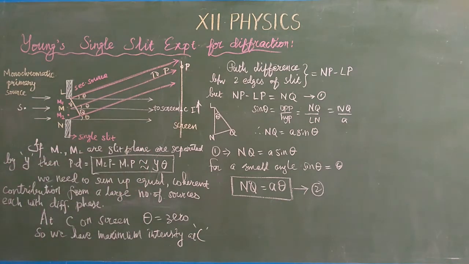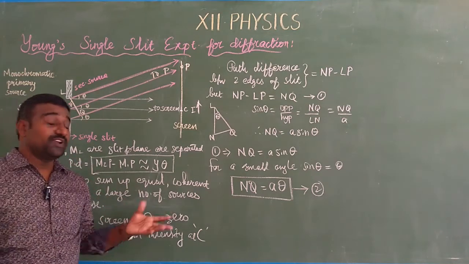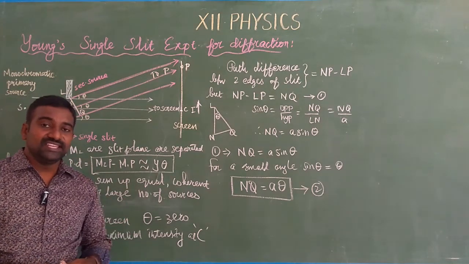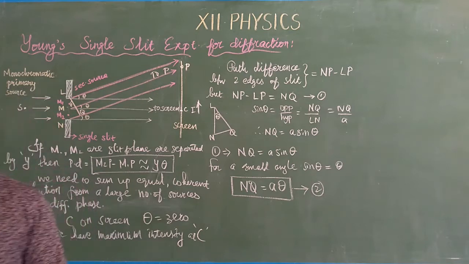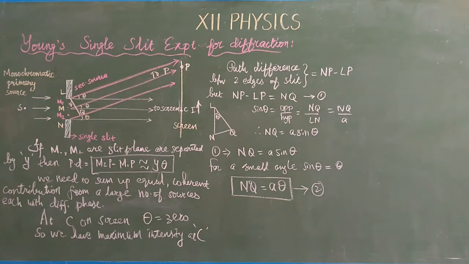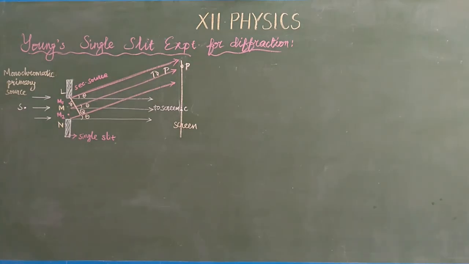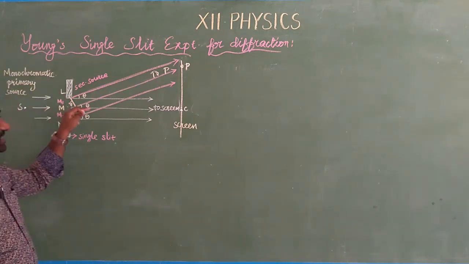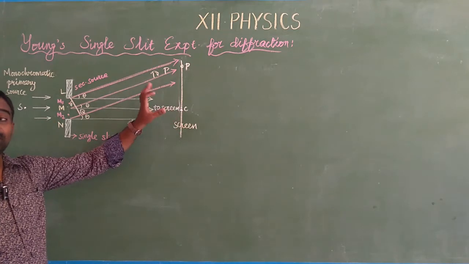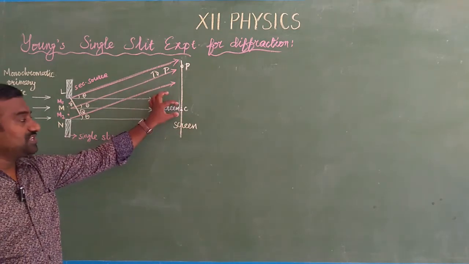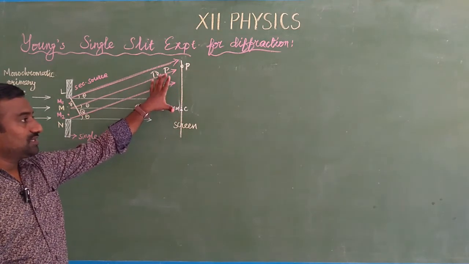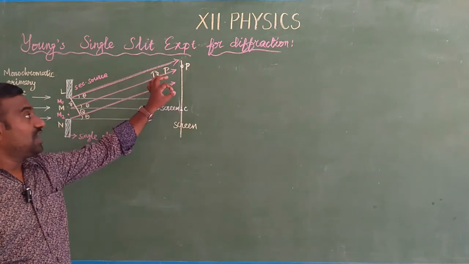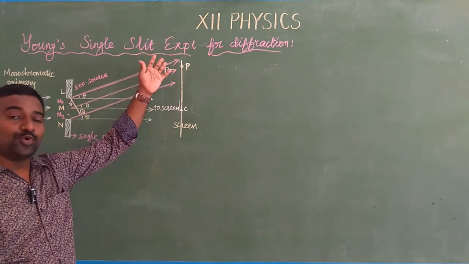Next we are going to complete the minimum intensity and then fringe width. Continuing, we have seen up to the path difference, and at the center C it has a maximum intensity, but when it goes away from the center, gradually the intensity becomes weaker, and finally at the minimum point it becomes 0.